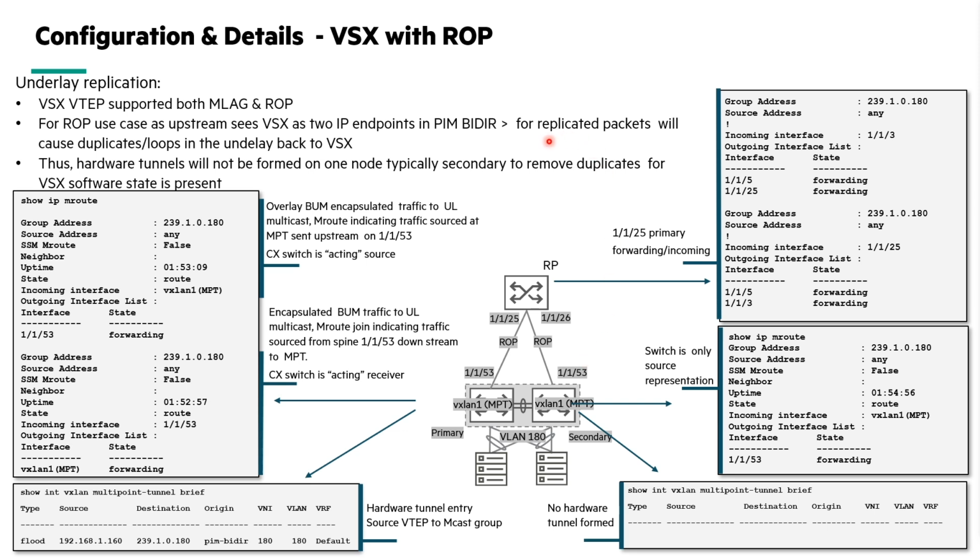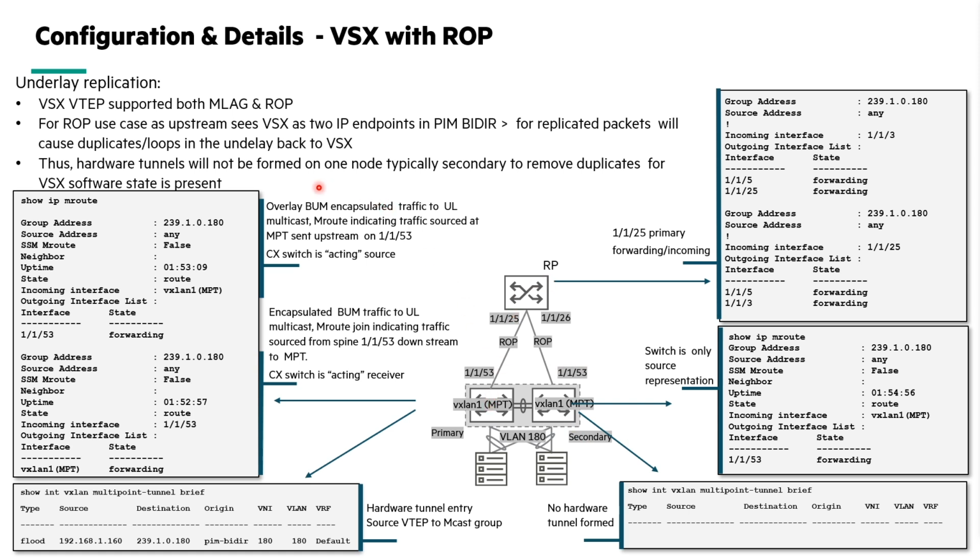Now, if that was the case, what would happen is for replicated packets, this will cause duplicates and loops in the underlay back to VSX. So if there's a replicated packet here, it will come upstream and then go down here, and likewise.